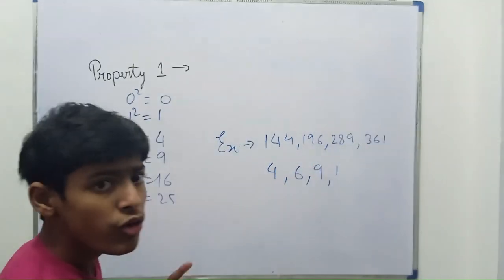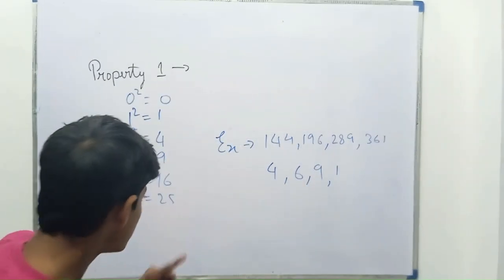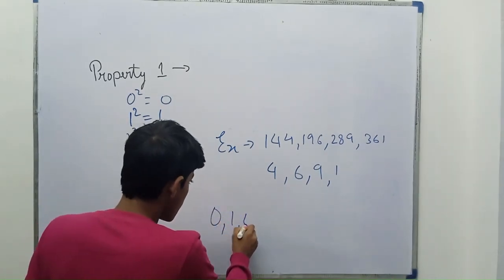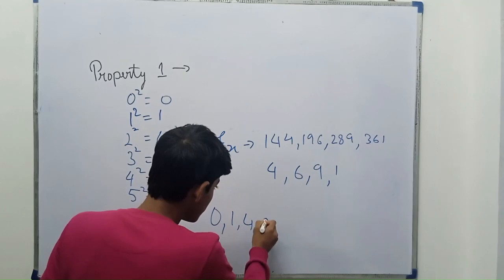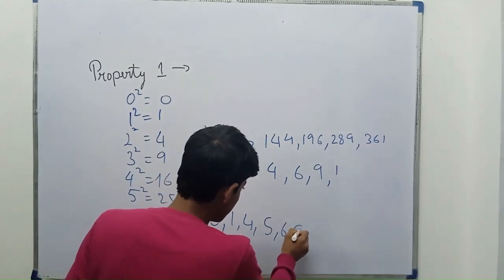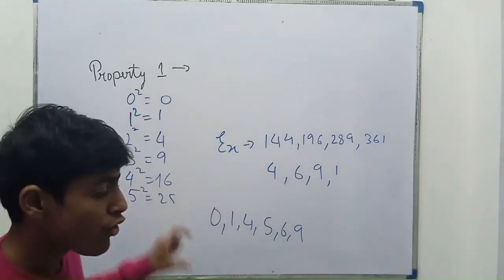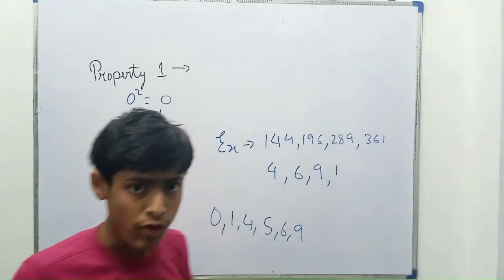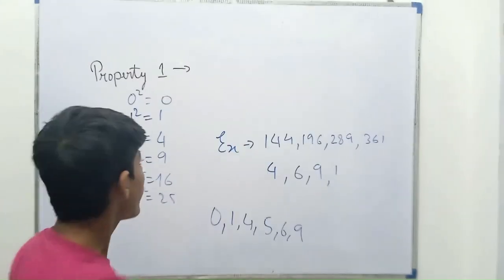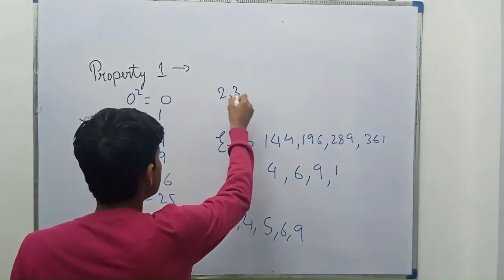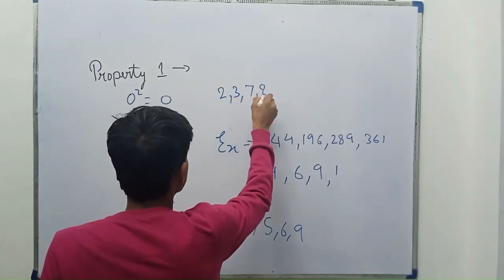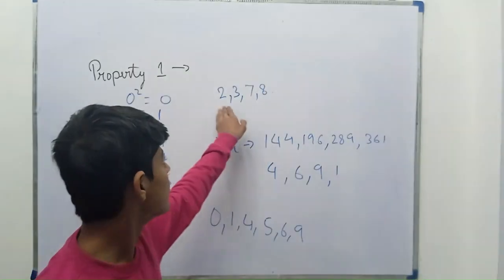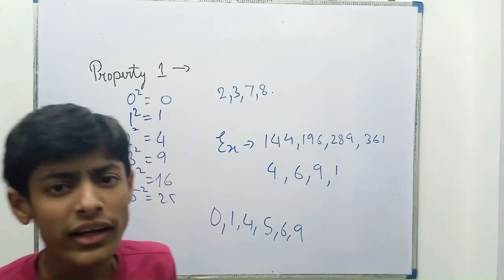As we know, if a number's unit digit is 0, 1, 4, 5, 6 or 9, then the number can be a perfect square. So these are all perfect squares. Now, if any number has a unit digit of 2, 3, 7 or 8, then it will not be a perfect square.